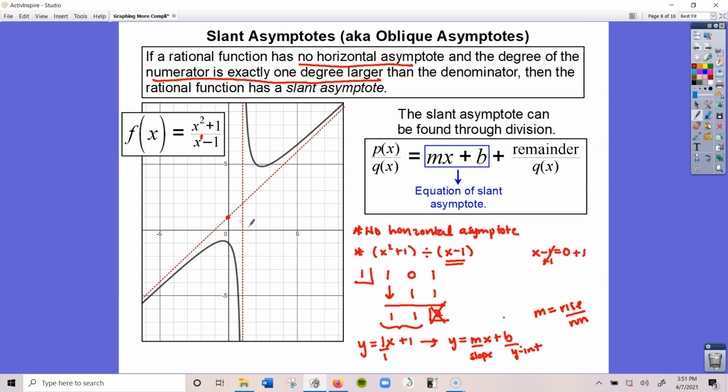Since it's 1 over 1, that means we would go up 1, right 1, up 1, right 1, etc. And if we continue, you can see how it lands all on this graph. So that's how you would find the slant. Let's now practice putting this all together.